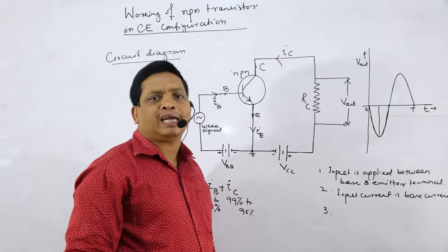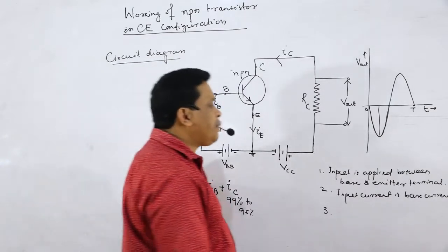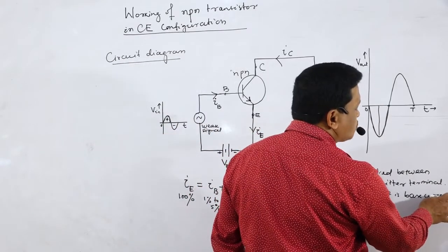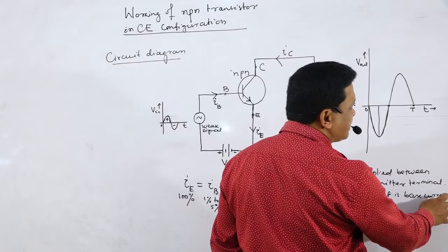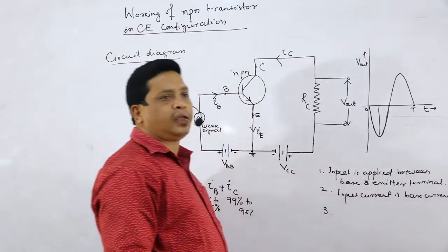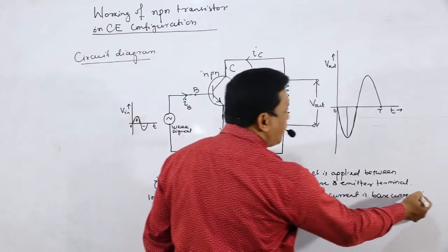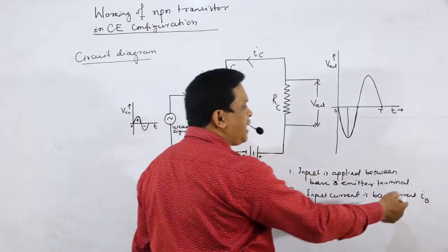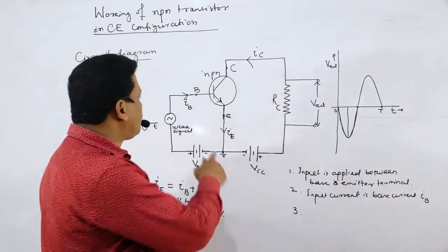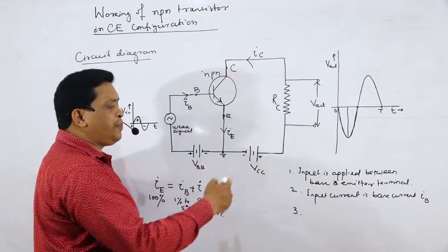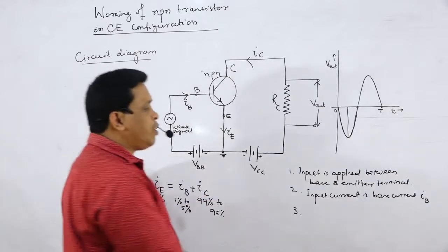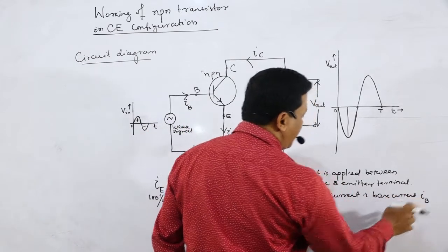As both AC and DC current are flowing, therefore we write like this: small letter for AC and capital letter for DC. Had it been only DC condition, then we would have used capital letter, capital I. Okay, but as both AC and DC are flowing, therefore we are showing small letter and capital letter.